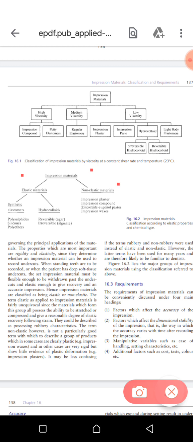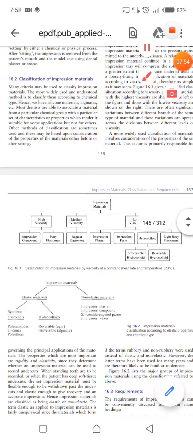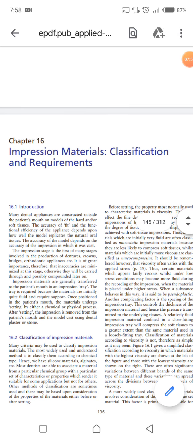Synthetic elastomers are polysulfides, silicones, and polyethers, and hydrocolloids are reversible agar and irreversible alginate. Non-elastic materials are impression plaster, impression compounds, zinc oxide eugenol paste, and impression waxes. This is the classification according to the elastic properties and chemical type. After doing this, you need to remember this part.